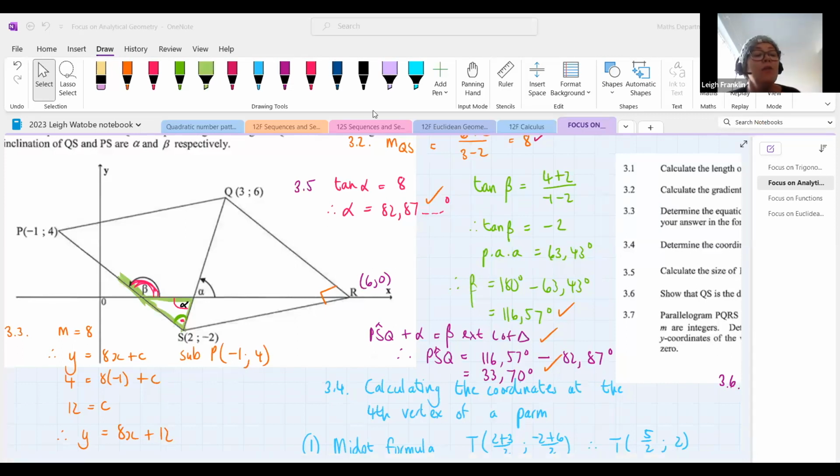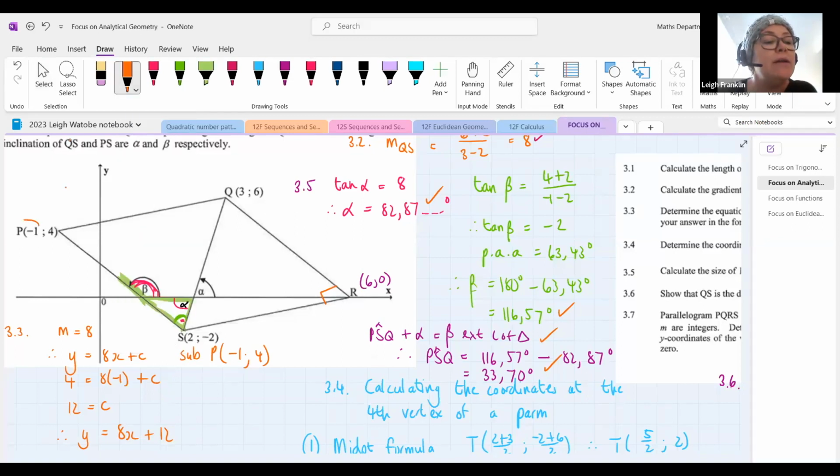Right? So in other words, if we have a look at our vertices at the moment, okay, we have got a negative X over there, and we have got a negative 2 over here.